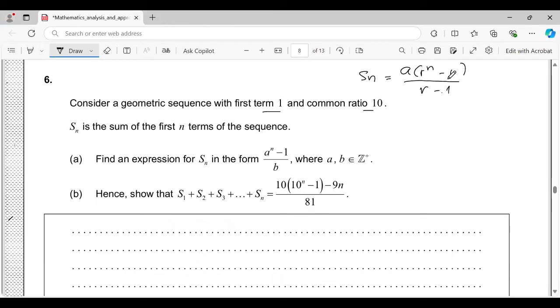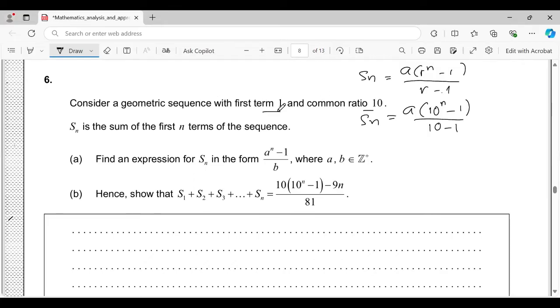Now, according to this information, the common ratio equals 10. So we can write it like this: a multiplied by 10 to the power n minus 1 over 10 minus 1. Why? Because the ratio equals 10.